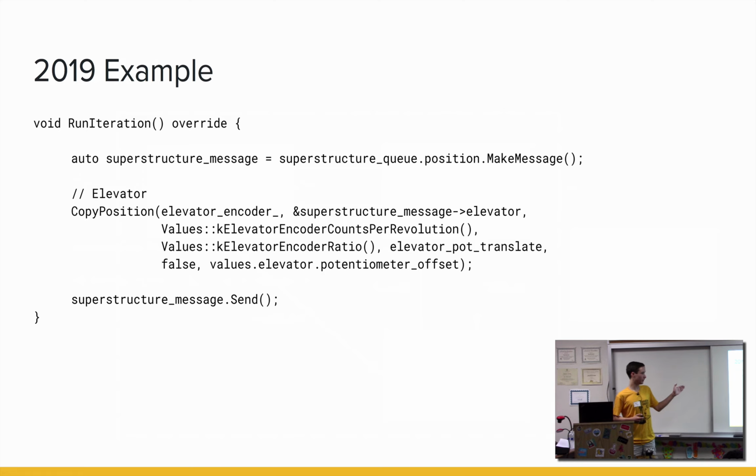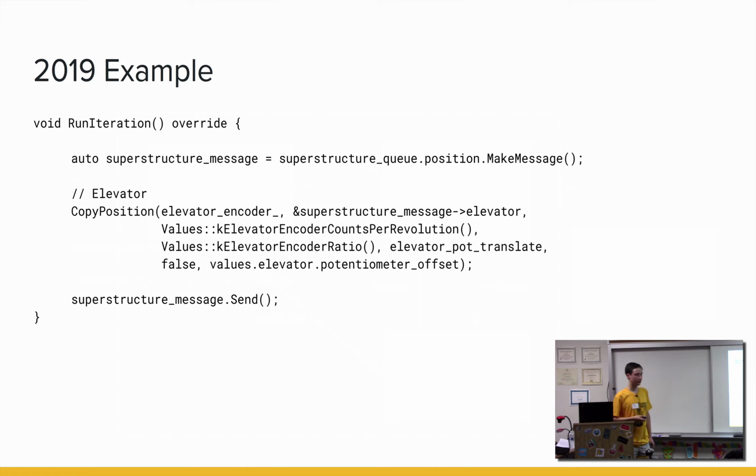It's reading in that position message from the sensors and producing that position message to send to the control loops. We're creating a new message, copying in the actual value from the sensors into that position message, and then sending that to make it available globally everywhere. Run iteration we can assume is called automatically every iteration of the robot.